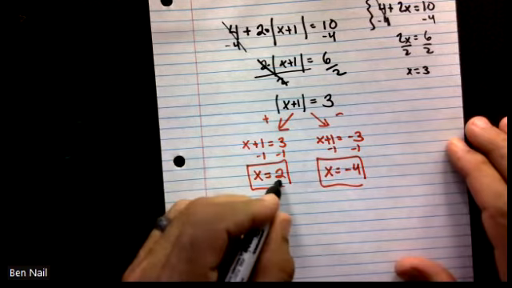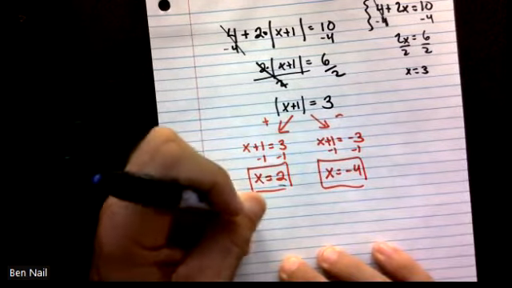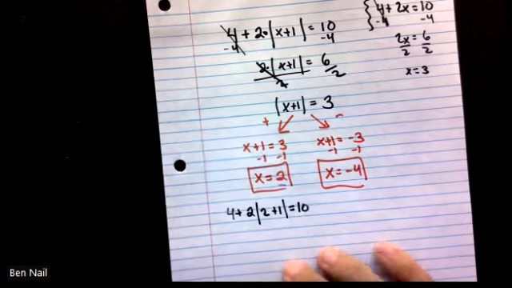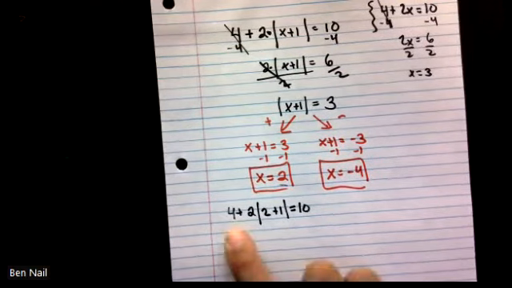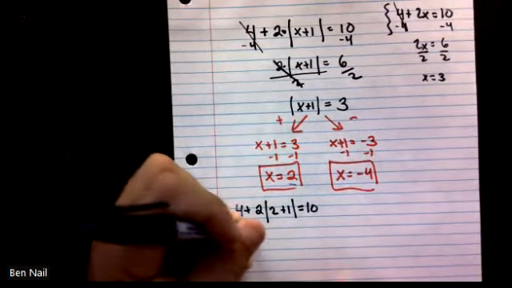So if I was going to check my solution of 2, I'm going to plug it into the original absolute value. And I want to see, does this equal 10? So for starters, inside of your absolute value, 2 plus 1 is 3.